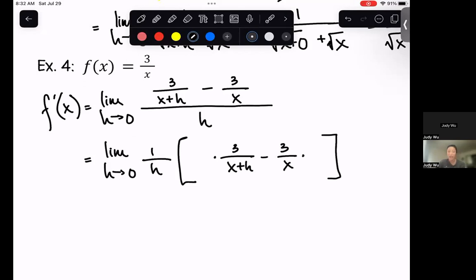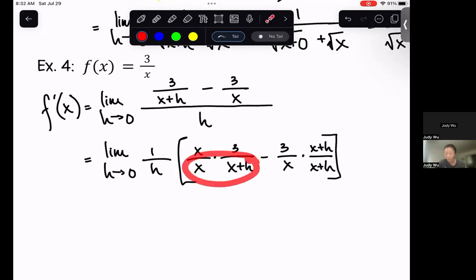And if I want them to have a common denominator, I have to think about what I multiply them by. This one I'm going to multiply by x over x. And the second one I'm going to multiply by x plus h over x plus h. Because now x times 3 over x plus h is the same as 3x over x times x plus h. I have a common denominator. We're good to go. Okay.